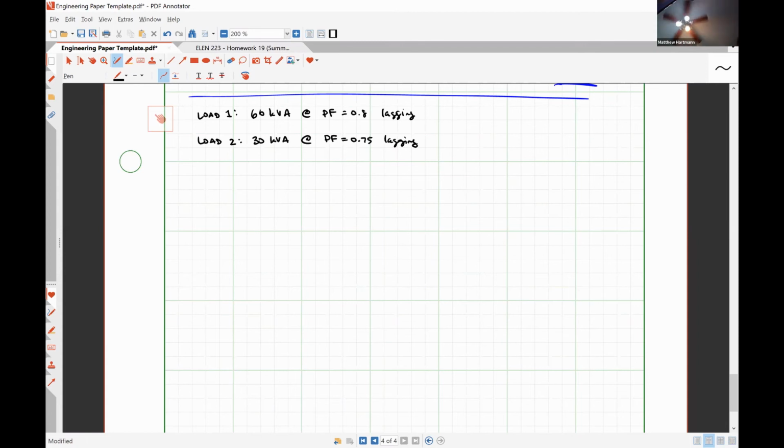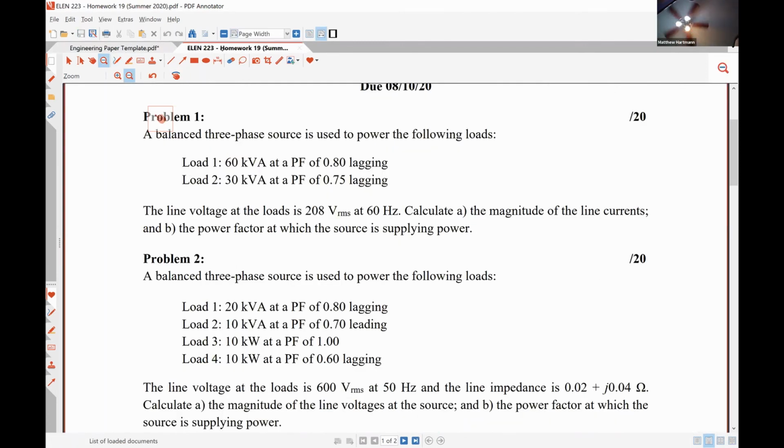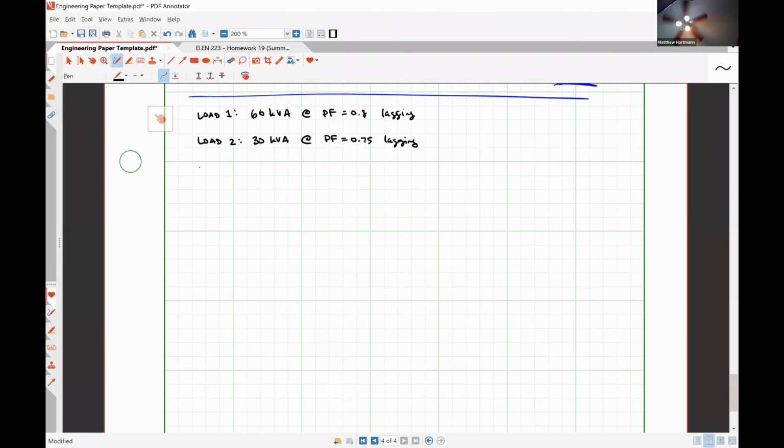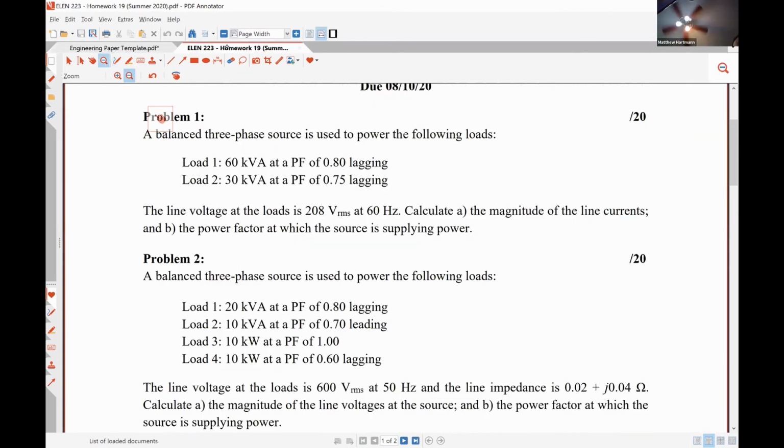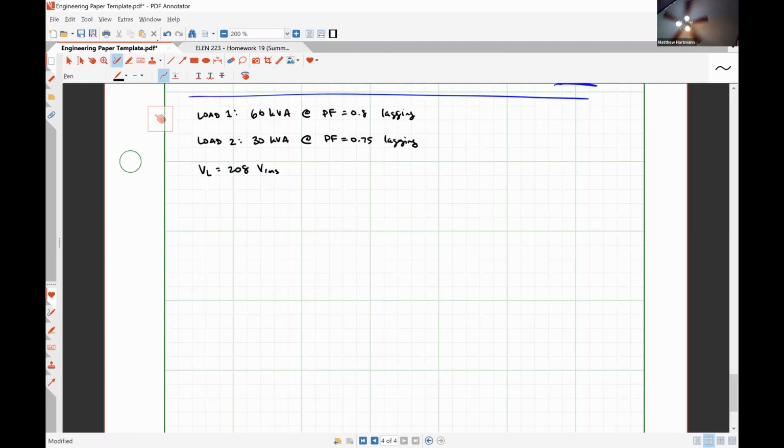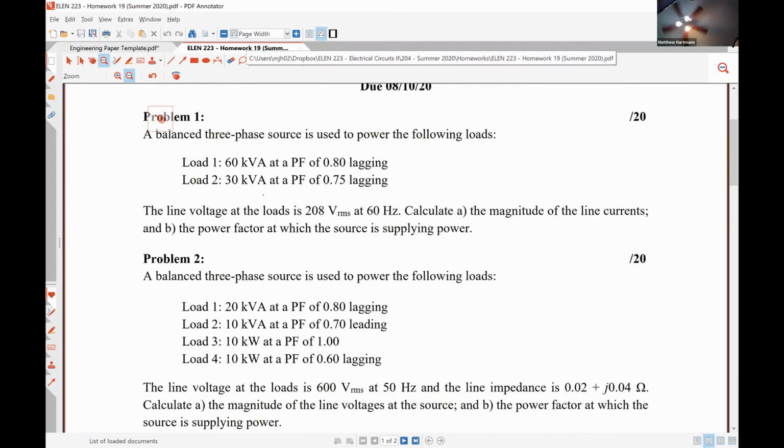We are told that the line voltage at the load, so VL, is 208. And what else are we told? Our frequency is 60 hertz. Don't think we'll need that one, but we'll write it down anyway. We need the magnitude of the line currents and the power factor at which the source is supplying power.